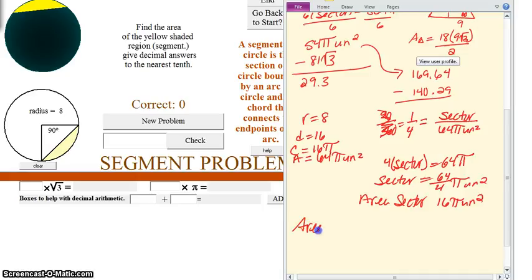So area of the triangle then. We have a 90, we have a right triangle, that's nice, and it has r equals 8. And we may as well use this base as 8. So 64 base height divided by 2, 32 units. There's no pi involved in this triangle.